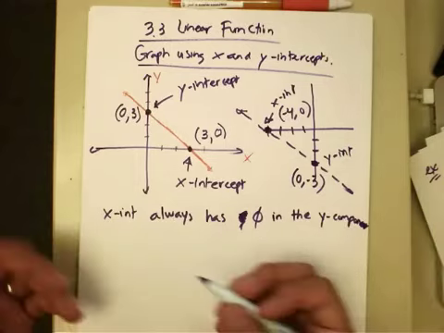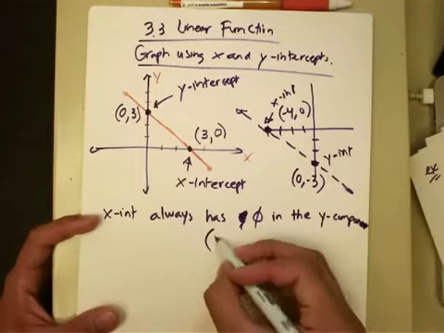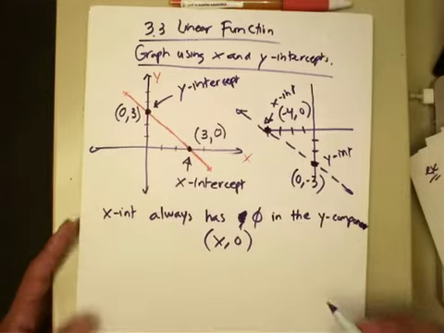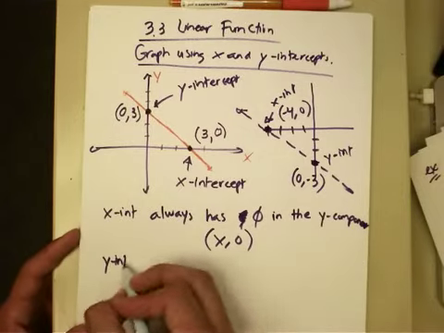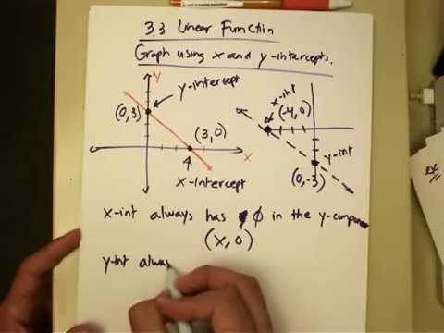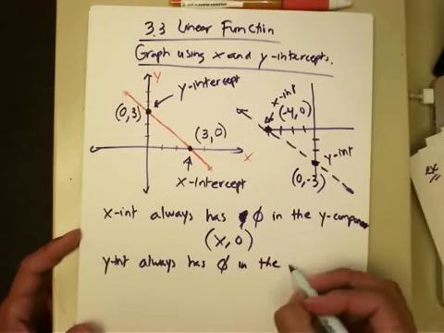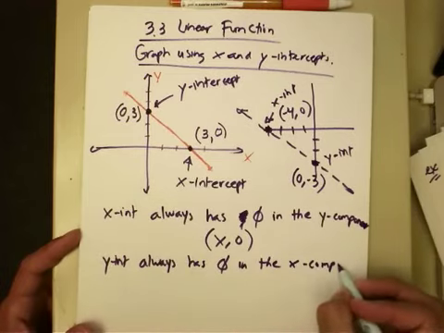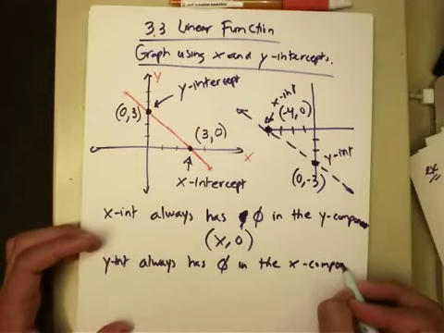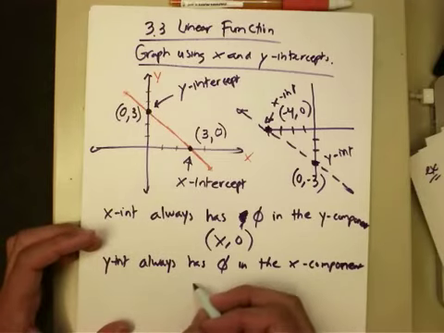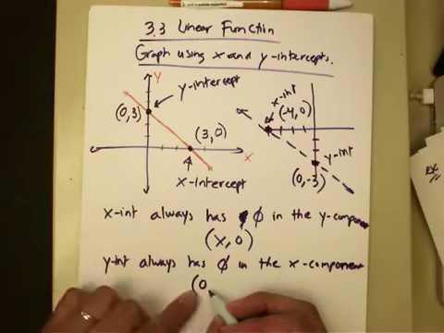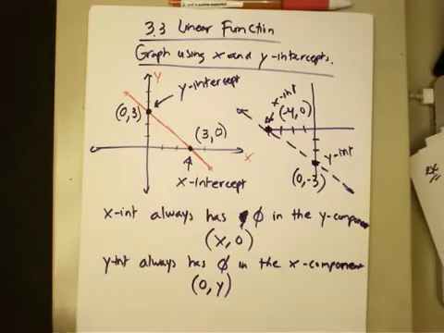Okay, the x-intercept always has 0 in the y component, so it's always going to look like this. Okay, versus the y-intercept, in the x part. So it's the exact opposite, as you can see. So for the y-intercept, you would have 0 for x and whatever value it is for y.